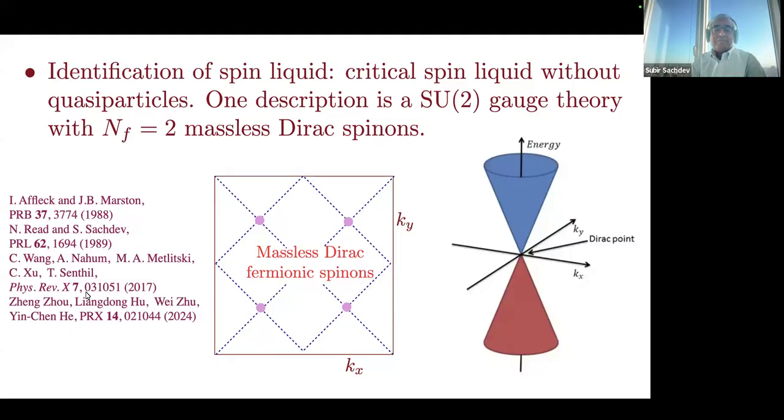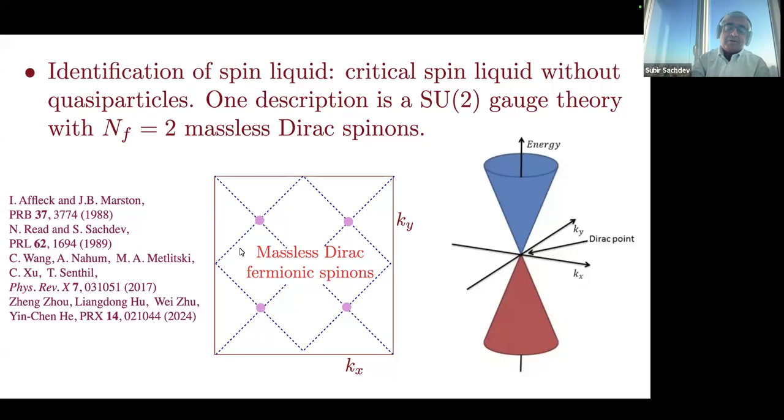And the conclusion is that the most likely state is the following here, which actually goes back to very early work of Ian Affleck in 1988. So this is a state where you take these spinons and you assume that they're essentially free to begin with, and they move in a background pi flux on the square lattice.